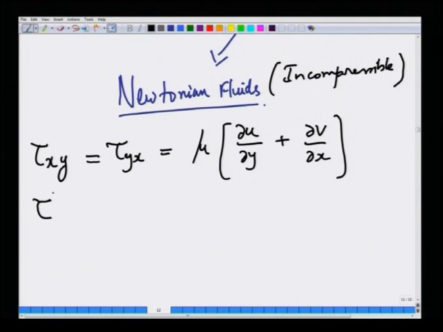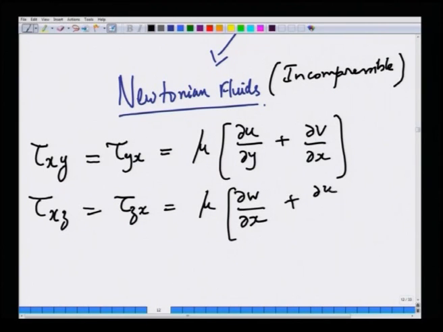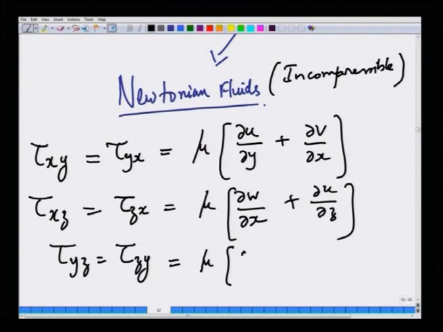Similarly, tau xz is tau zx is mu times partial w partial x plus partial u partial z. Similarly, tau yz is tau zy is mu times partial w partial y plus partial v partial z.